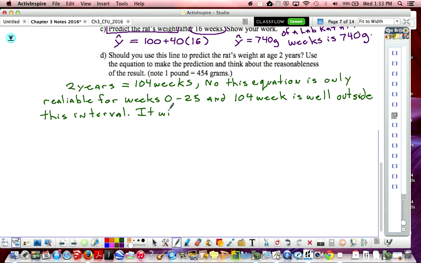It will most likely give me an unrealistic result. In fact, we're going to actually see what this predicted result would be.